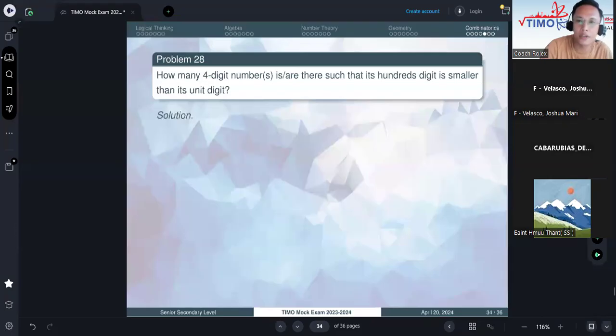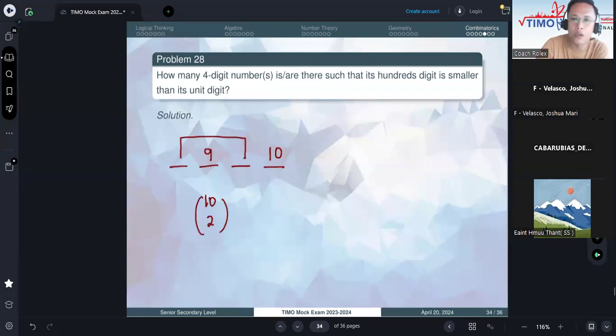So if ever the hundreds digit is 9, or if ever this is 9, 1, 2, 3, 4. If we have 10 possible answers here and 9 possible answers here, this one here, the 10 taken 2.